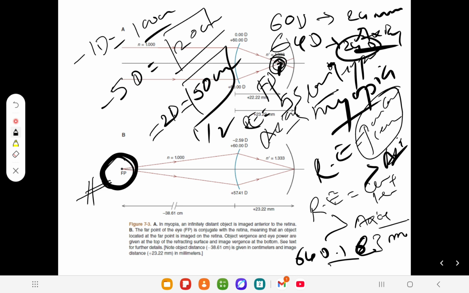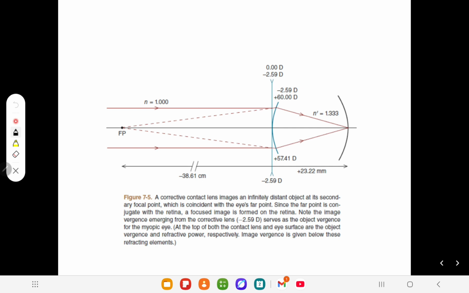So you have to understand the concept that it is the balance between the refractive component, which is cornea and lens, and the axial length component. Yes, definitely the distance between cornea and lens matters, but we will discuss these things in coming presentations, like emmetropization and all these things. Let's focus on today's topic and how we are going to correct myopia optically.